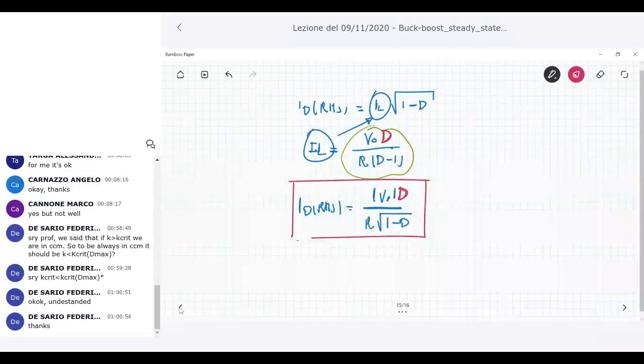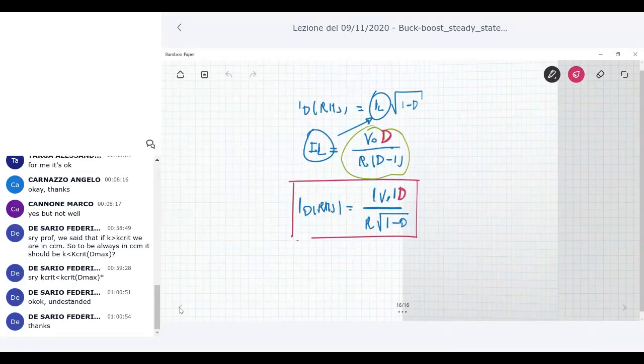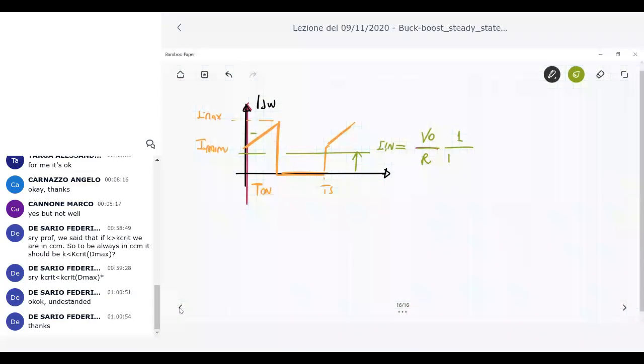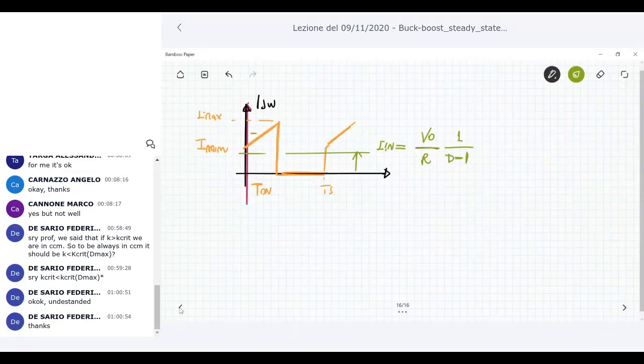Okay, it should be corrected in this way. And if you look here, you have the switch current. This is V naught over R times 1 over d minus 1. This is the input current, okay? The average value of the input current.